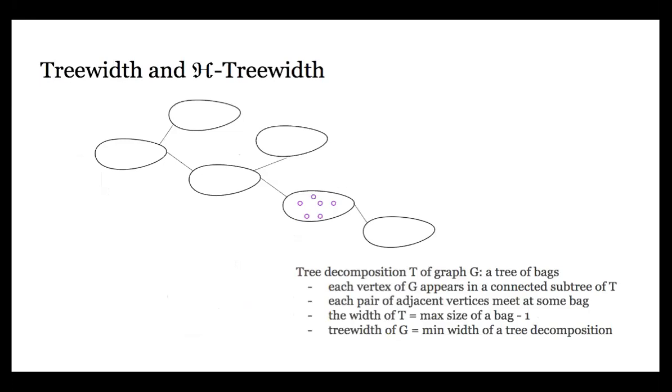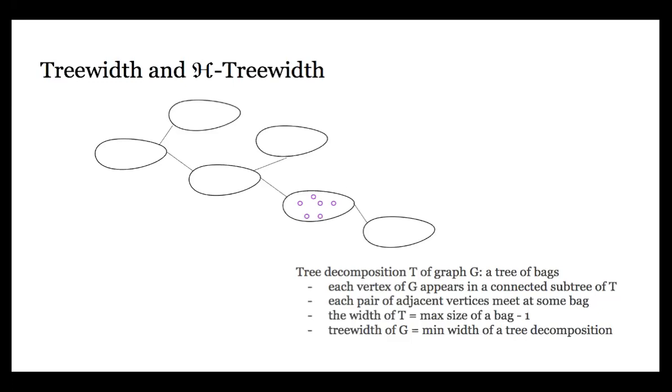And now let us do the same with the notion of tree width. A quick recap: a tree decomposition of a graph is a tree where each node is associated with a bag. It's a set of vertices of a graph, and the bags might intersect with each other.